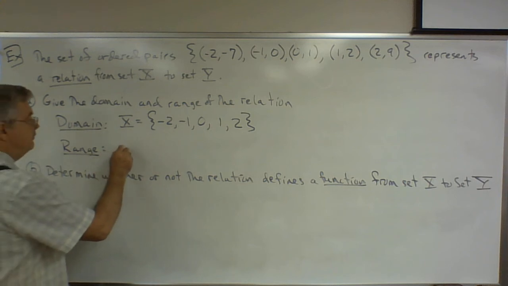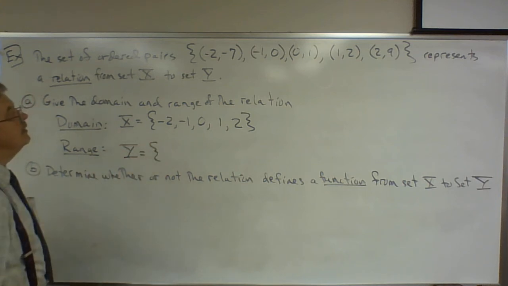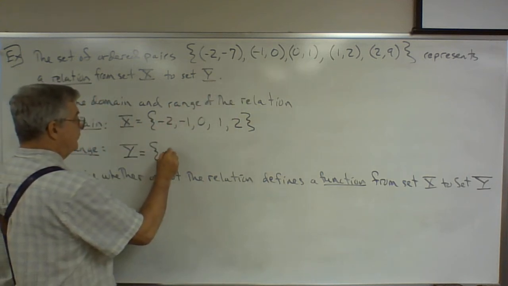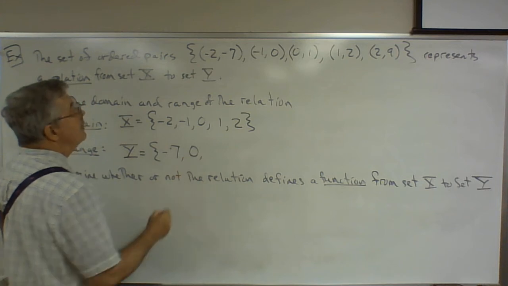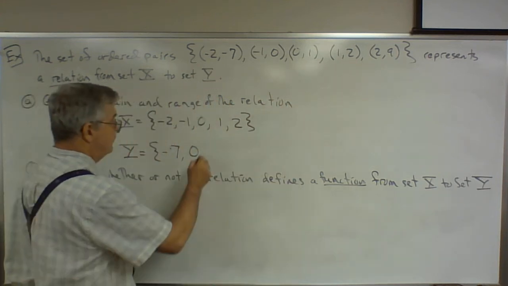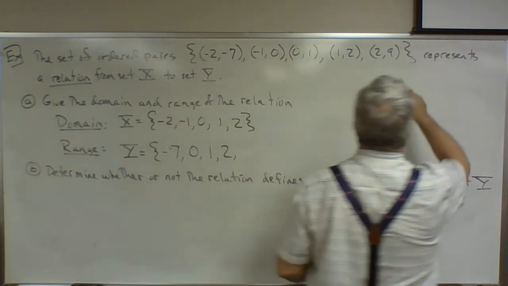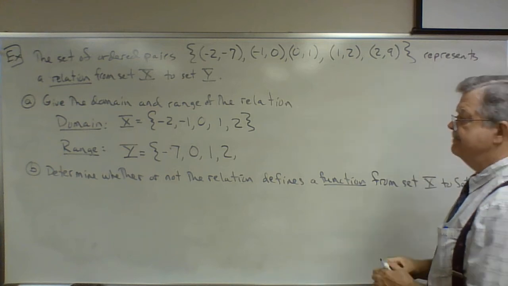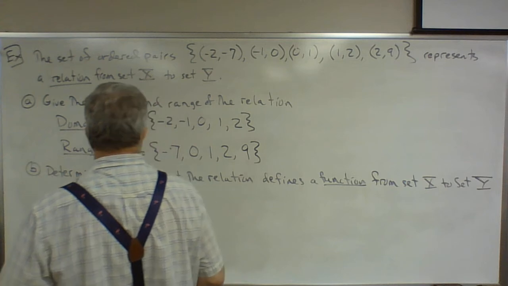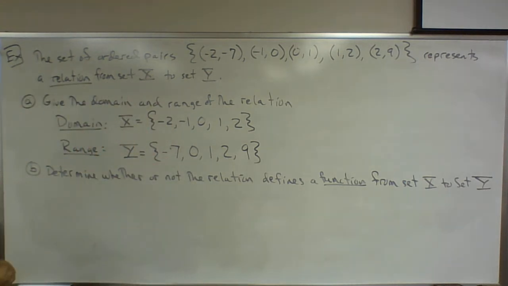The range is the set of all y values of the relation. So we have -7 and 0. Then we have 1 and 2. And we have 9. So this is the set of our y values, the range.